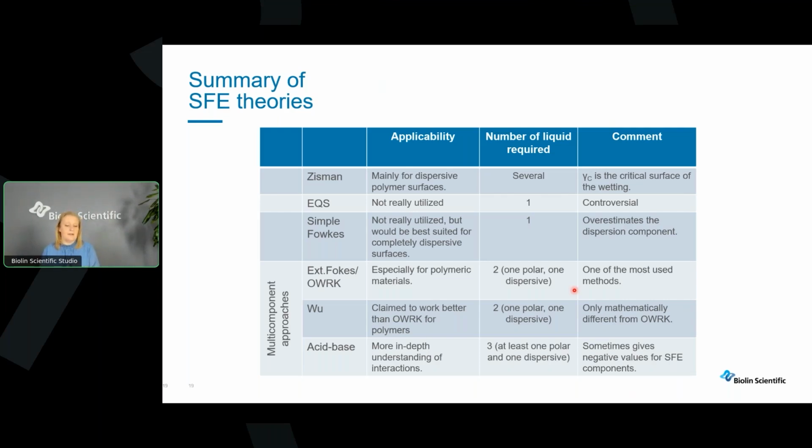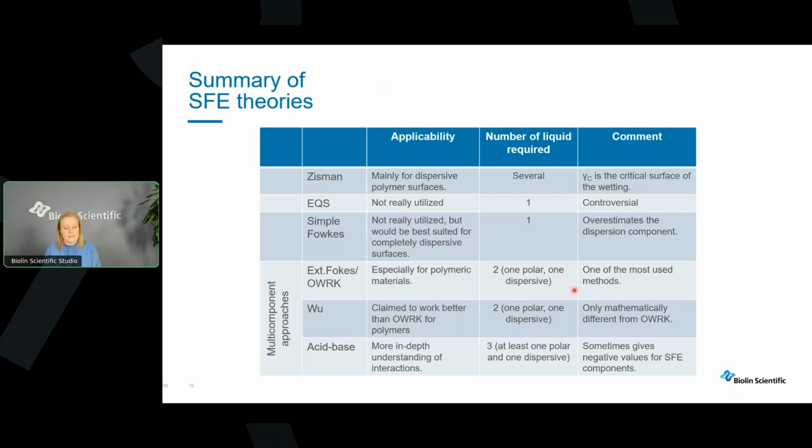So I would say that the first three are very seldom used, and the last three that I talked about, these multi-component approaches, are used much more than the others. And I would say the OWRK is probably the most commonly used method.